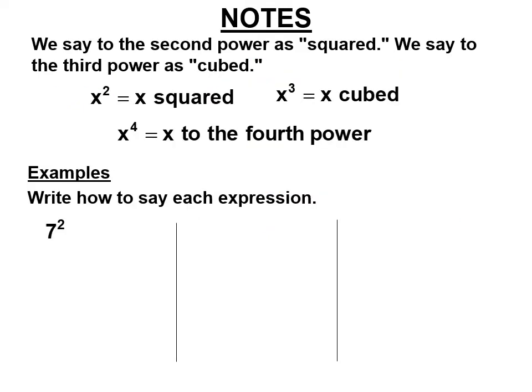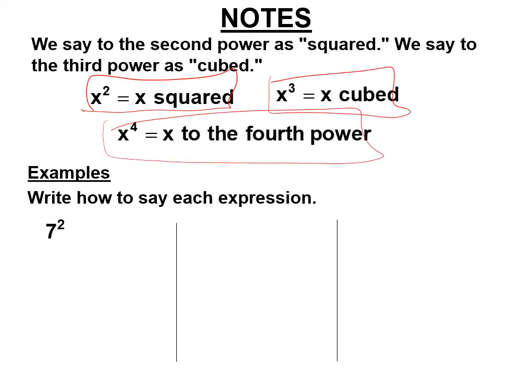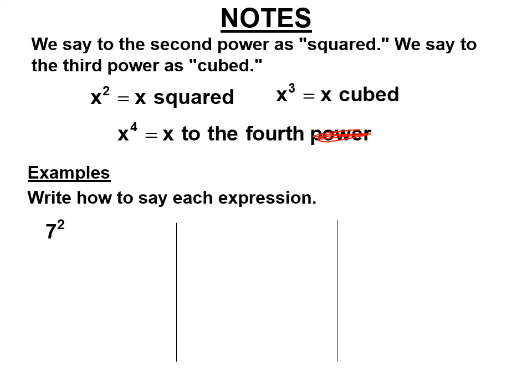All right, so here are the notes. Every time you see that, you're saying x squared, that's x cubed. Once you get higher than 3, you're saying x to the fourth, but truthfully, you can skip over the word power when you're saying them in class. So you would say that as 7 squared. That's all we're doing here. Yes, it's 49.